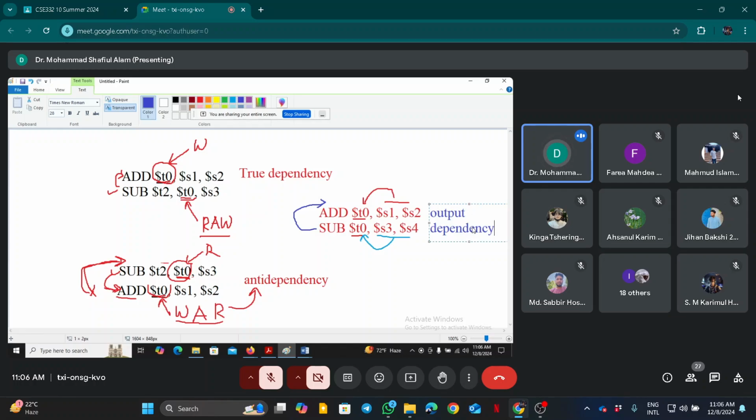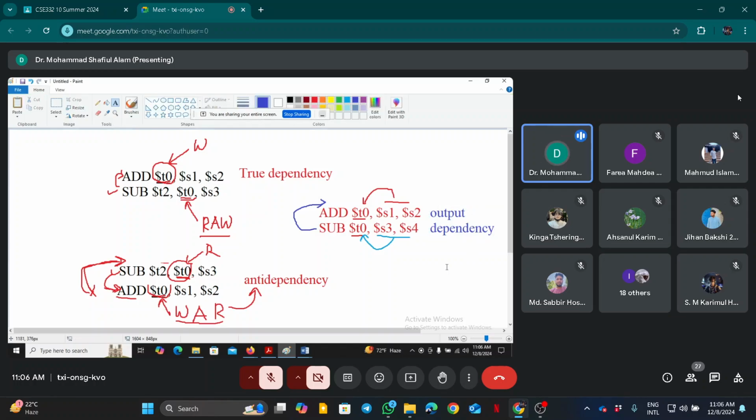Output dependency. We have another name for this hazard: we must write the result of the second instruction after we write this one. So its name is WAW.